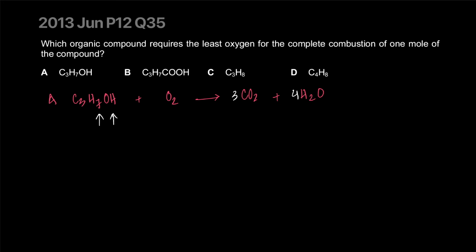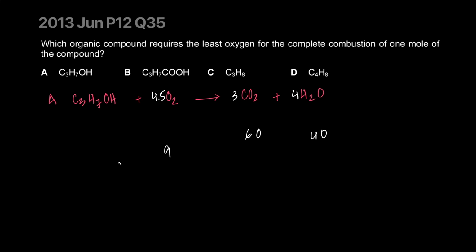You'll need a 4 here, so a total of 6 oxygens and 4 oxygens here, a total of 10. But you have 1 oxygen here, so you need 9, so it's going to be 4.5, right? So that's the first equation.